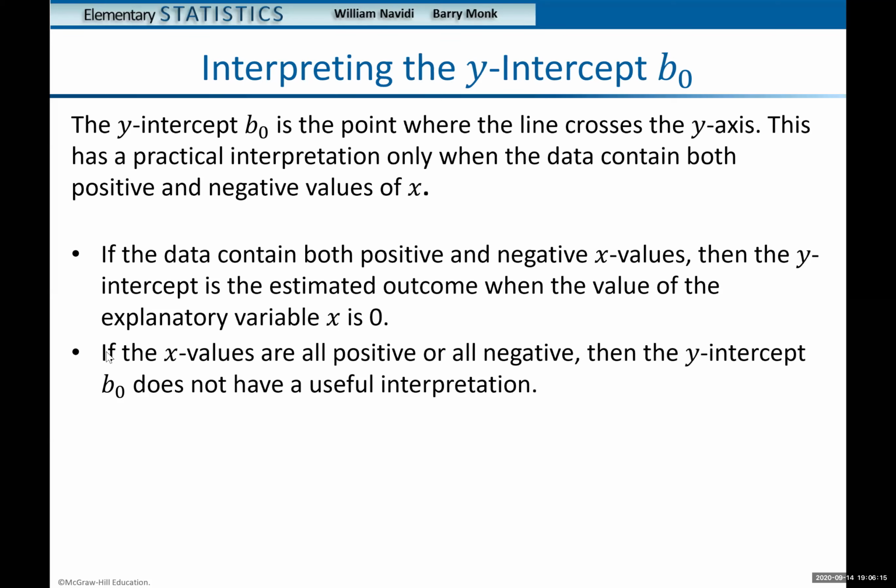To interpret that, if the data contain both positive and negative x values, then the y-intercept is the estimated outcome when the value of the explanatory variable is 0. If the x values are all positive or all negative, then the y-intercept does not have a useful interpretation.